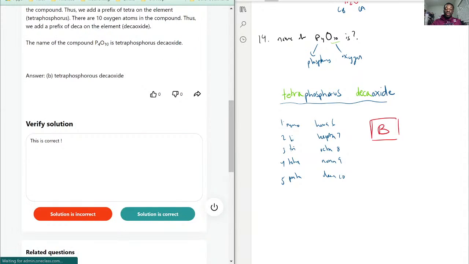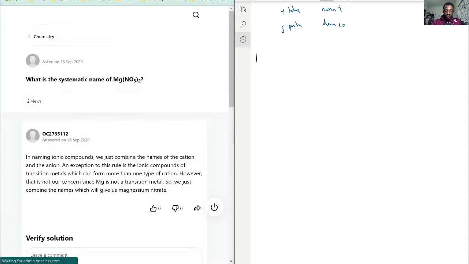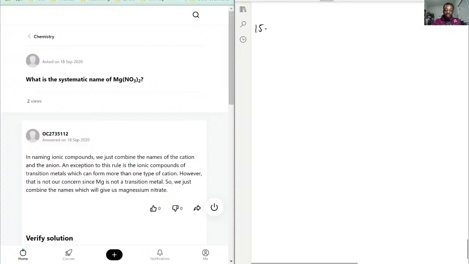Okay, so now let's move on to question number 15 here. What is a systematic name of Mg(NO3)2?